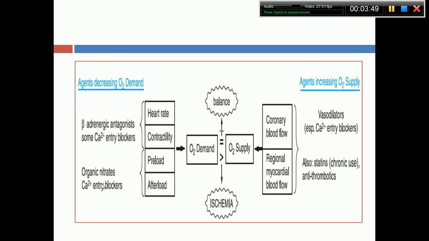This chart shows where the drugs will act and what effect they will produce to relieve angina. Basically, what we have already discussed is that angina pectoris occurs from an imbalance between oxygen demand and oxygen supply.